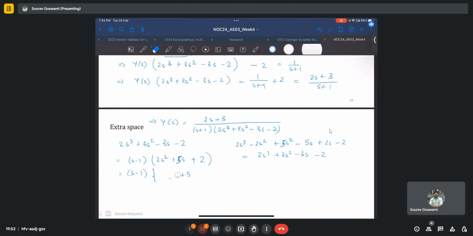What can be a good way to break this? Two s square plus 3s plus 2s plus 2.